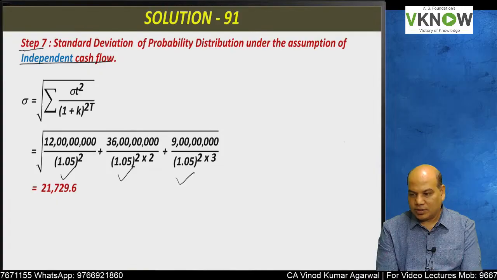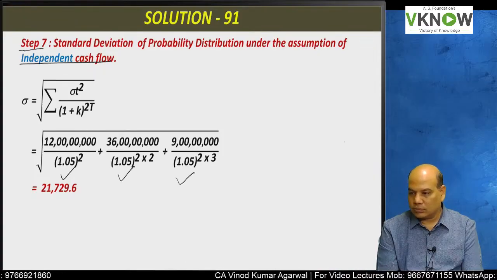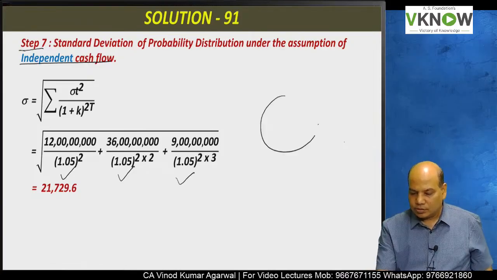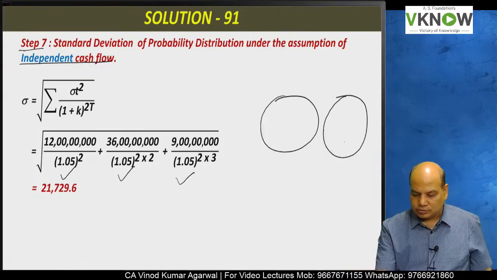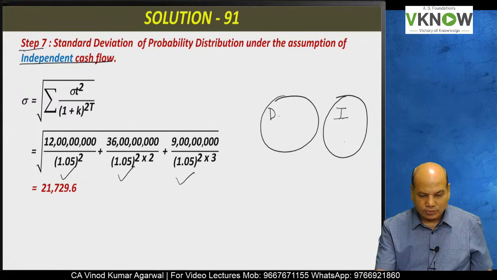Final answer please check. 217 to 9.6. Okay. The question is, whose standard deviation is more, under dependent assumption or under independent assumption?